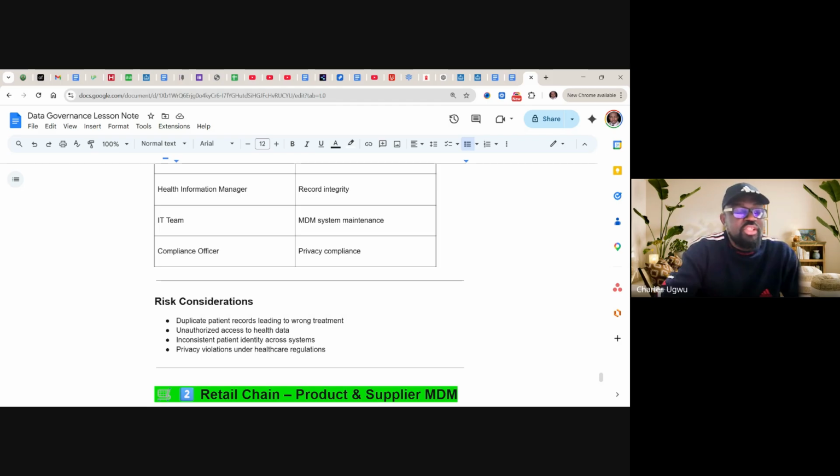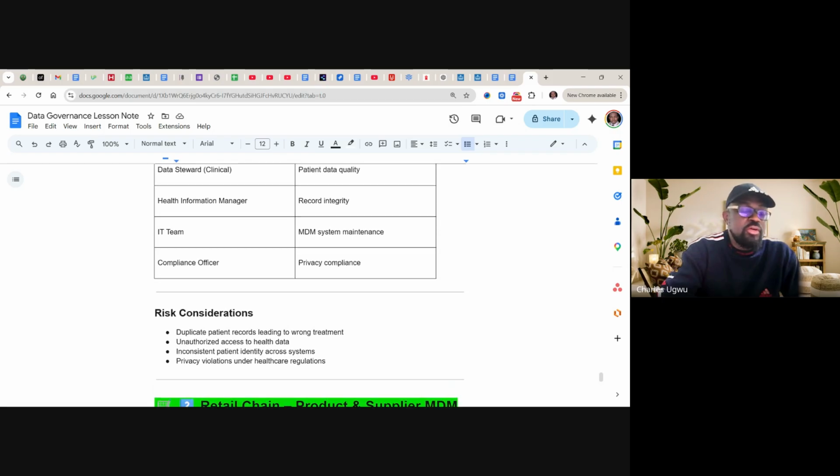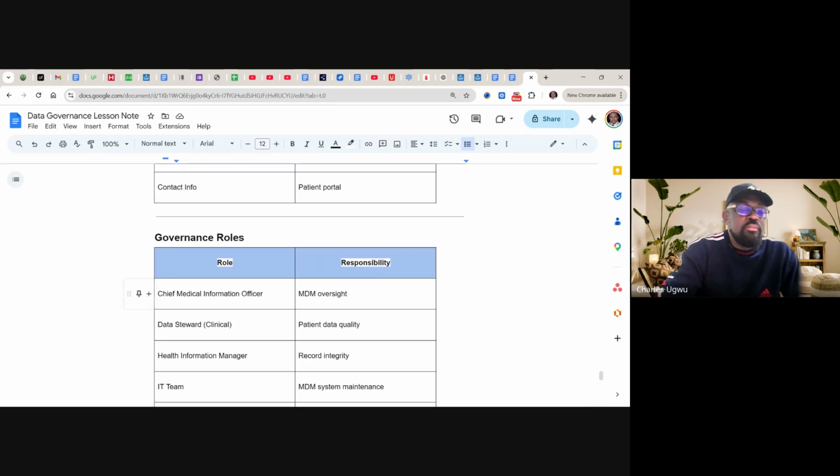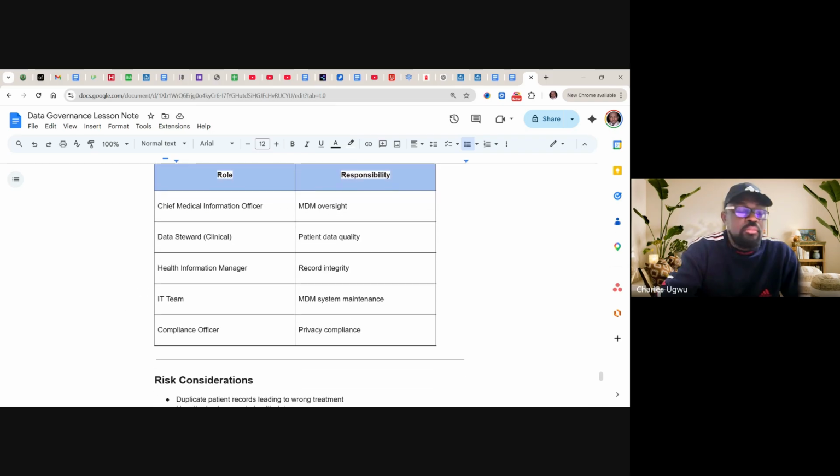So you've stated the risks associated with poor master data management. So that is it. With this, you have created a master data management compliance framework for your organization.